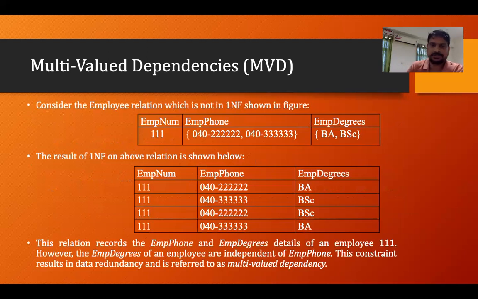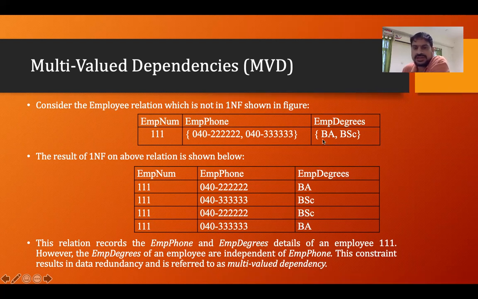Here if you see, we have an employee table, and the multi-valued ones are phone number and employee degree, right? Now, in the first normal form, what we do is put it in such a way that each and every field would get an atomic value. This is the first normal form.